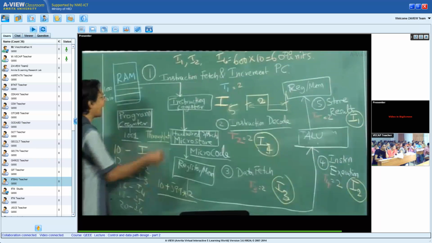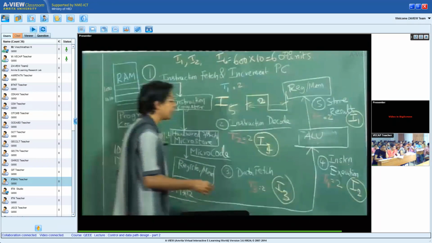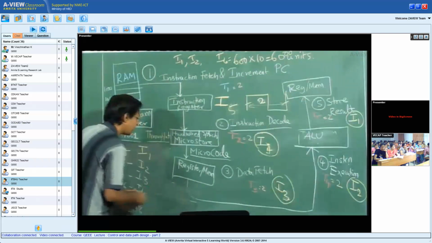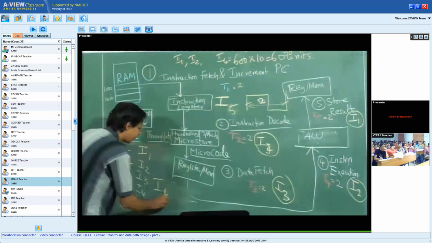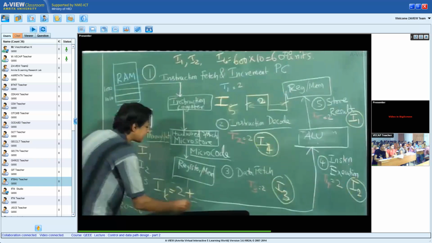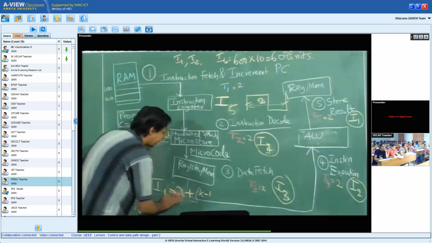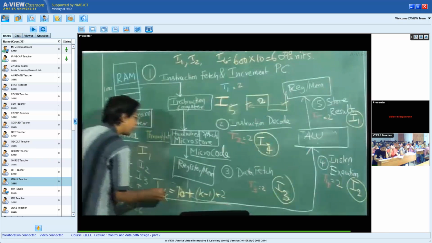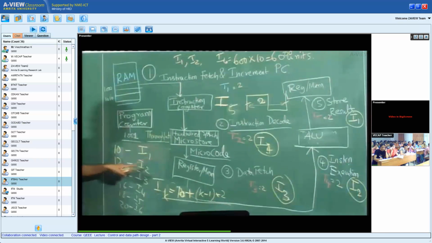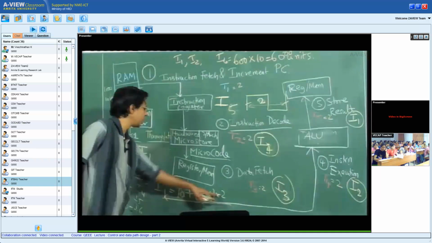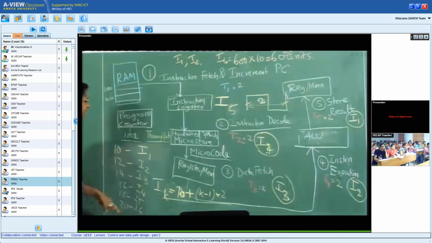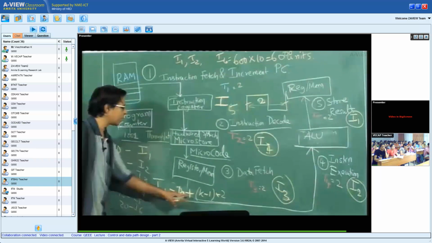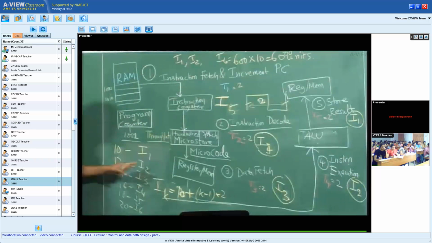So the kth instruction would be 10 plus k minus 1 into 2. Your first instruction is 10 plus 1 minus 1 into 2, which is 10. Second instruction is 10 plus 2 minus 1 into 2, that is 12. Third instruction is 10 plus 3 minus 1 into 2, which is 14, and so on.